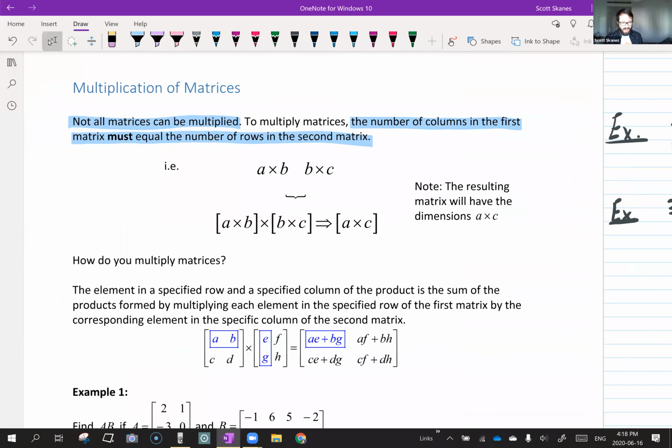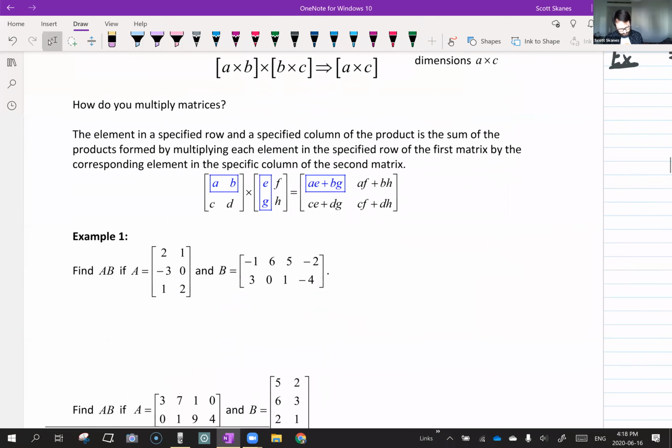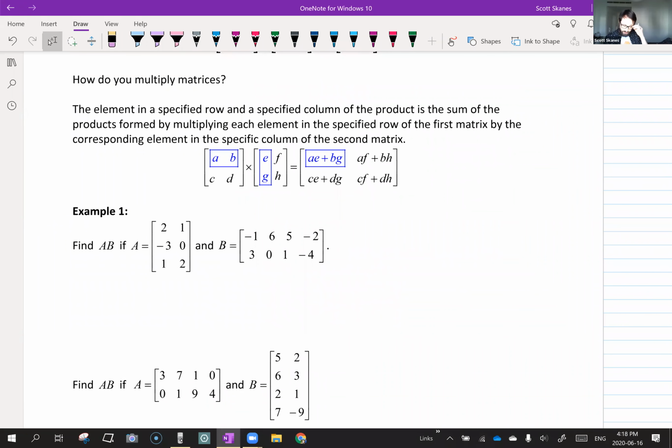All right, that's what it's trying to say here. It also says, how do you multiply matrices? And this is the tricky part, so just stick with me for a second because it's not immediately obvious. It says the element in a specified row and a specified column: if you have a row in the first matrix, you have a column in the second matrix.